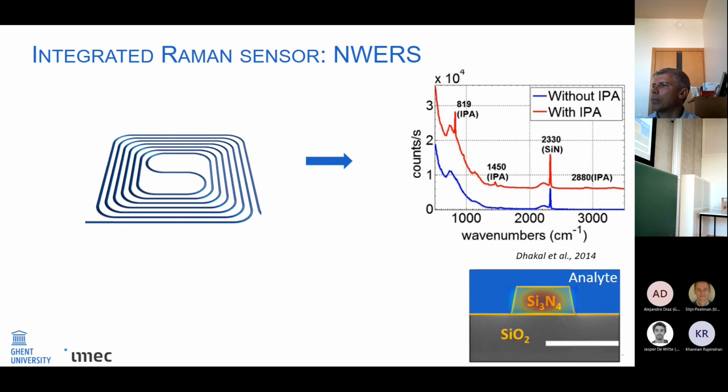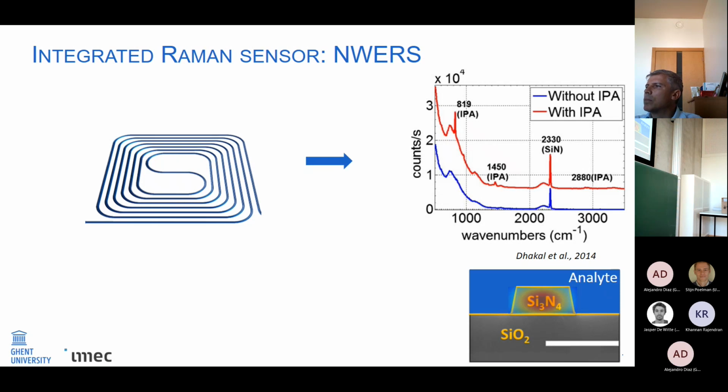Here you see an example of a spectrum that can be measured with it, and the abbreviation here, NWERS, means nanophotonic waveguide enhanced Raman spectroscopy. So we use this waveguide enhancement for Raman spectroscopy, and you can see in the spectrum here when we apply droplets of isopropyl alcohol, we can actually see those features popping up here and here and here, compared to when the droplet is not there.